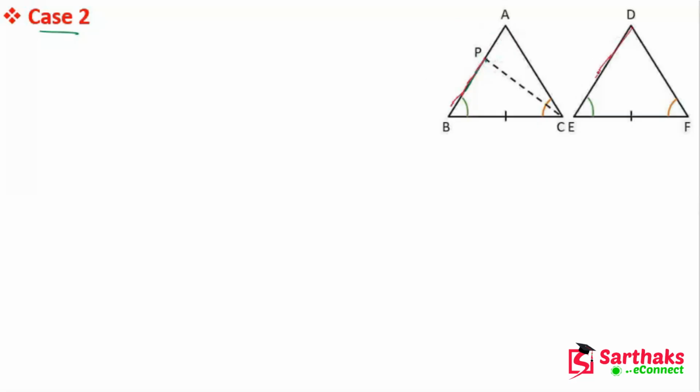Take a point P on AB such that PB is equal to DE, and we join P to C. So take a point P on AB such that PB is equal to DE.